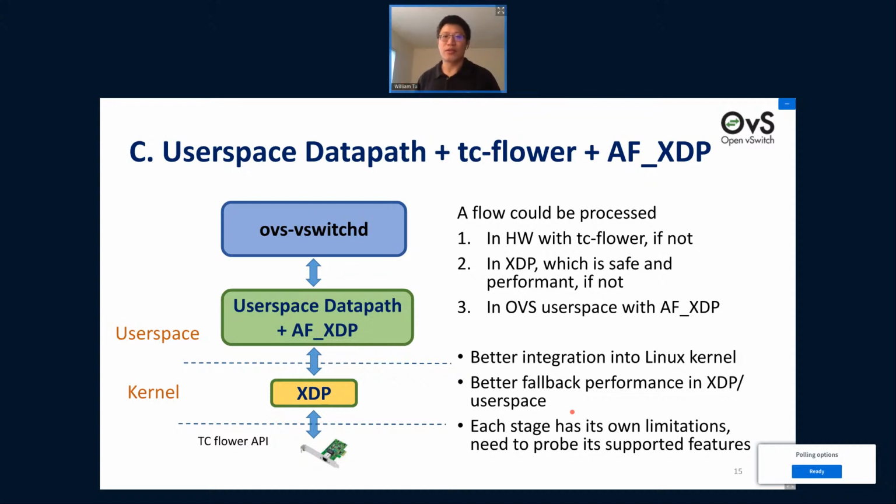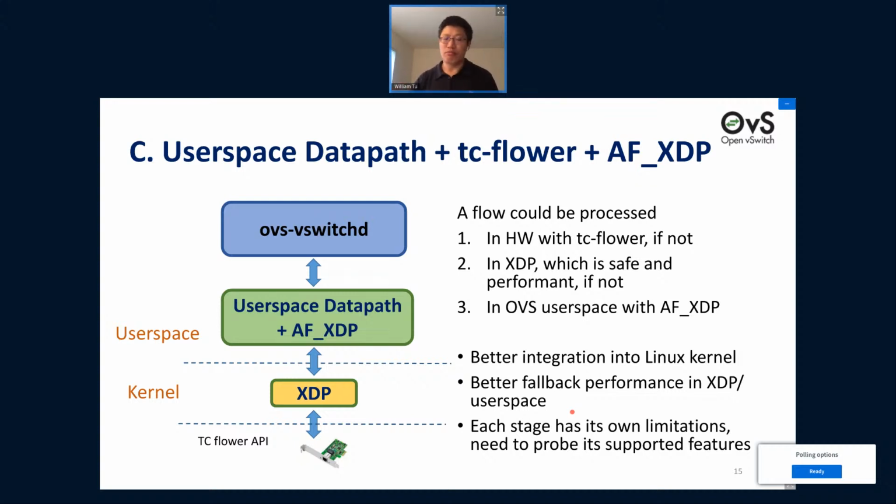First, imagine we have a flow. If the flow can be handled in hardware with TC Flower, then we'll do it in hardware. If not, then second, we can process it in XDP, which is safe and has pretty good performance. However, it also has its limitations.